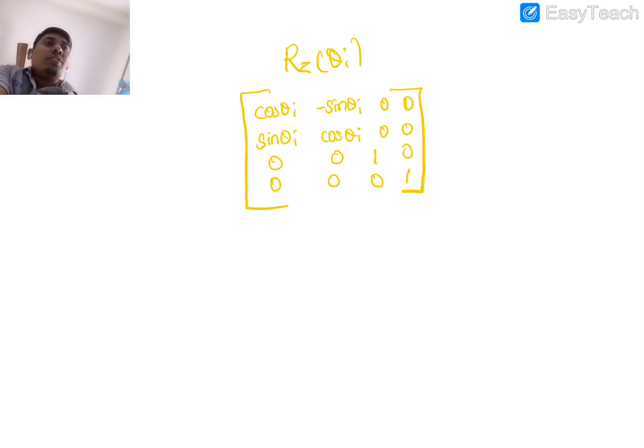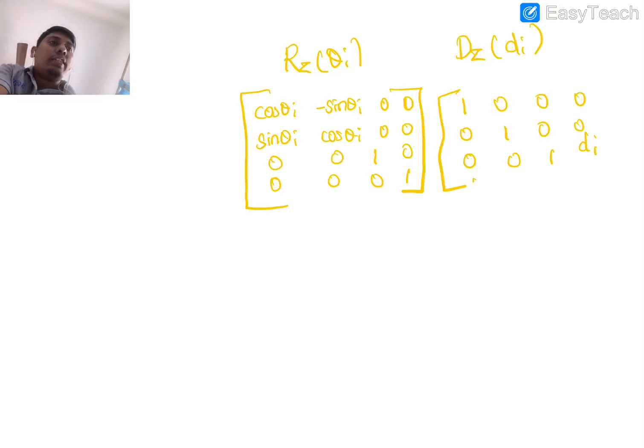Now the second operation we did, dz di, where the rotation matrix is identity, and then we have translated along zi. I am multiplying these two just for my own benefit, so that I can do the two other operations.